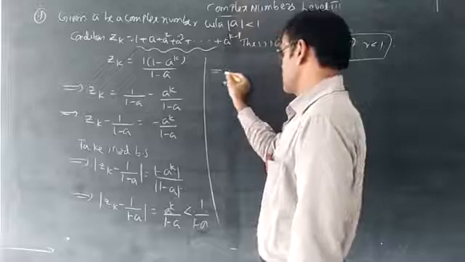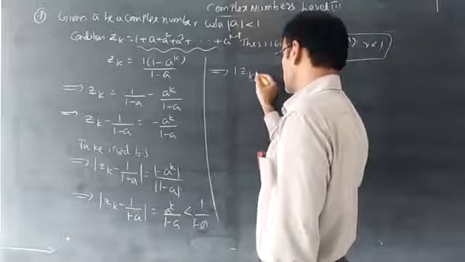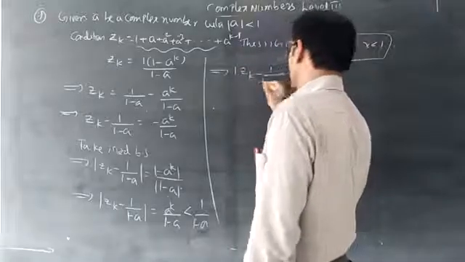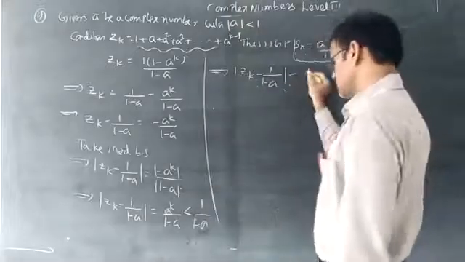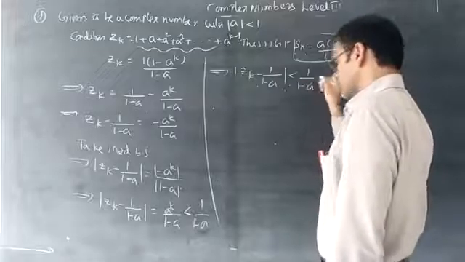That implies modulus of Zk minus 1 by 1 minus A is less than 1 by 1 minus A.